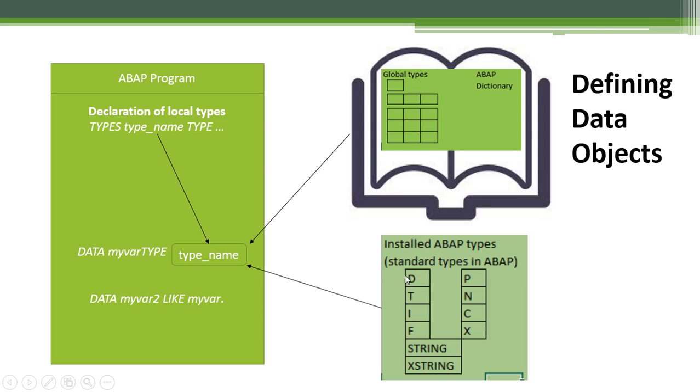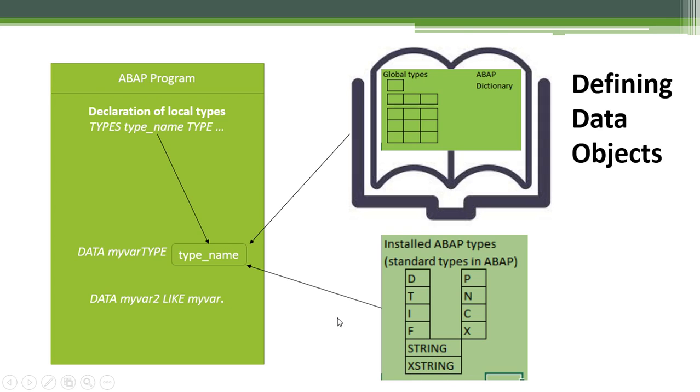Those are the types that we just talked about: the type D for date, T for time, I for integer, F for float, P for packed number, which you can use to represent a decimal number, the type N, the type C for character, and the types string and XSTRING.